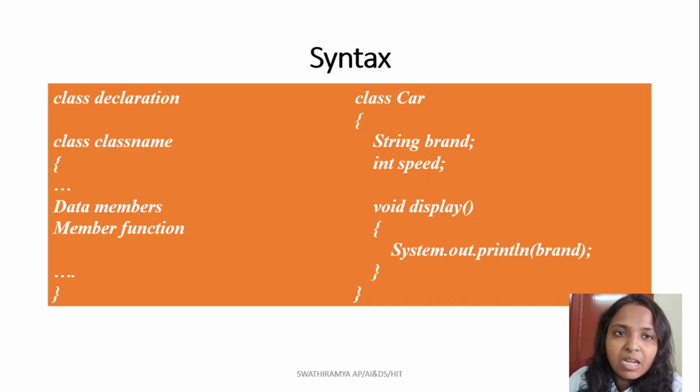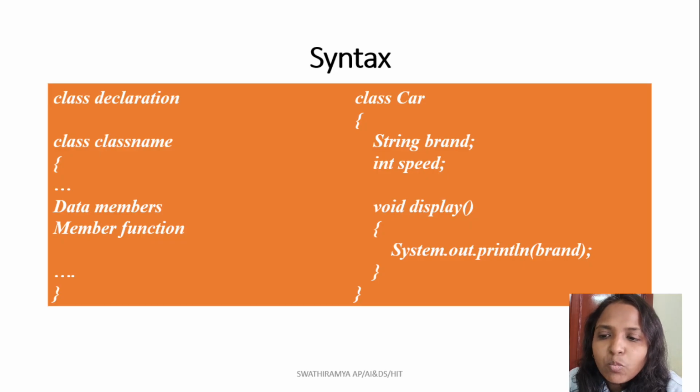Speed will be an integer value, so I have declared the data type int speed, closed with a semicolon. I hope you already know C and C++, so you know the basic structure; here also you have to use the semicolon at the end of each line in Java.